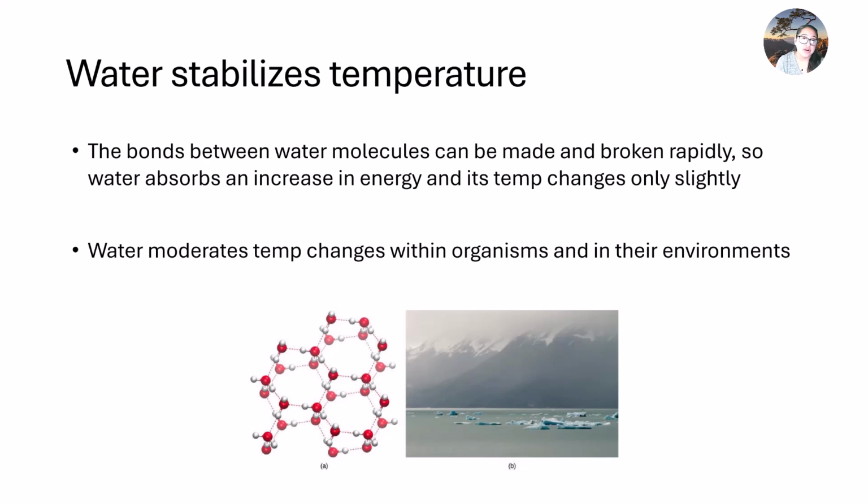Another important characteristic of water is that it stabilizes temperature. Again, because of the way that water molecules interact with each other, they can make and break bonds between each other really quickly. That feature helps absorb energy, and its temperature only changes slightly.